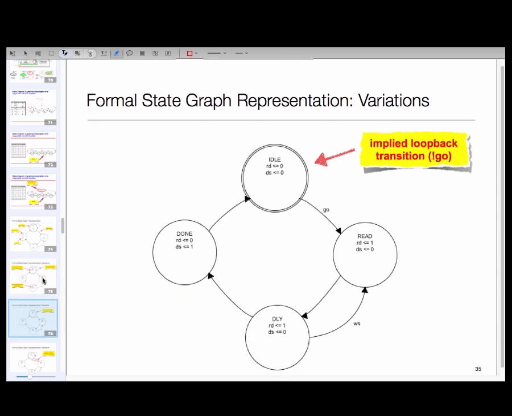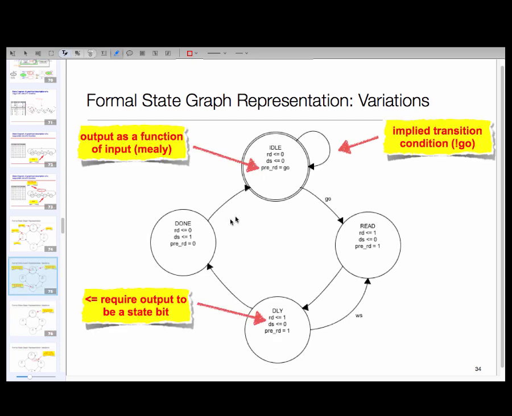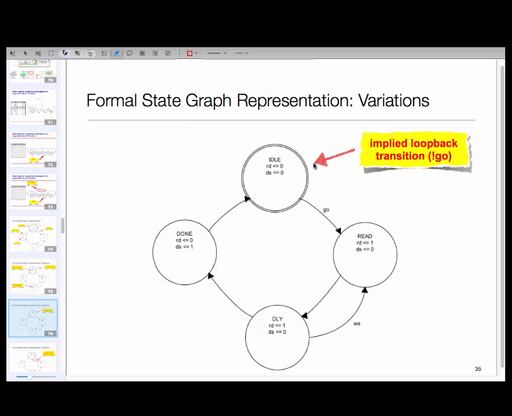Another one, further convenience. So we are lazy in drawing things, so conveniences come into play. Previously I left this loop back unlabeled and it figured out the label. Well, we say, hey, why even bother putting a label on a loop out here, just remove it. So what this is saying is, if I'm in idle and there's an edge going out and it has a go in it, I take this thing.